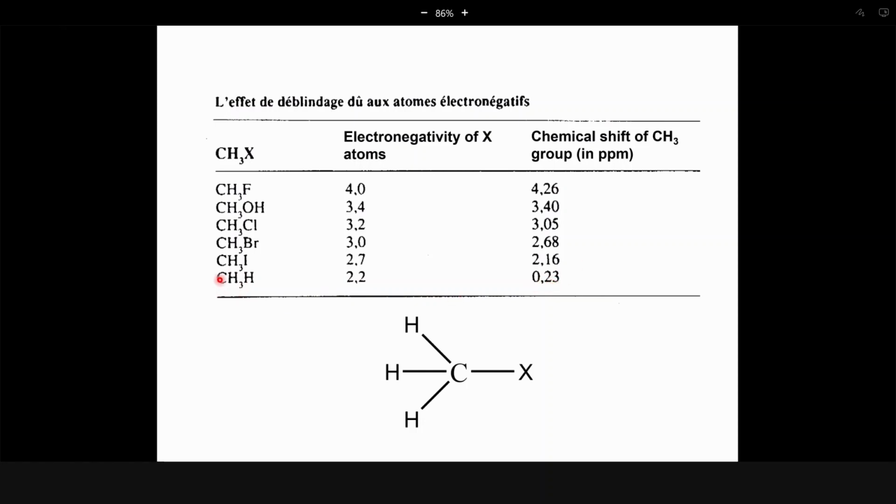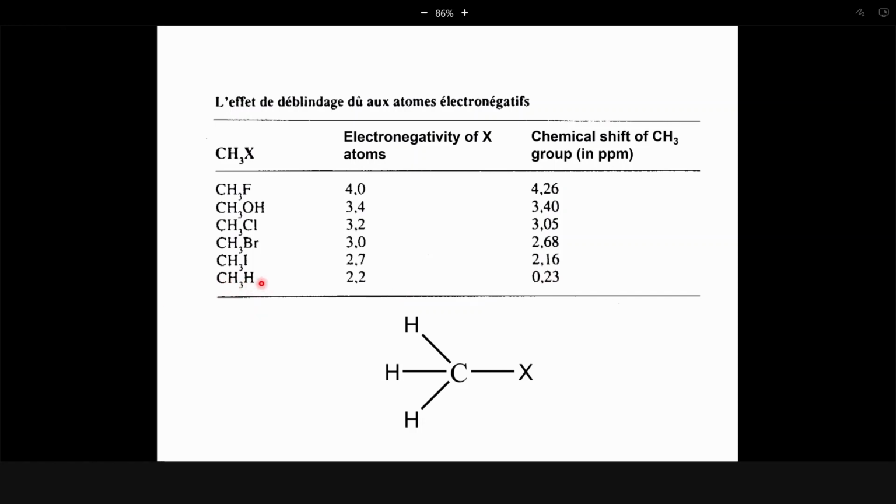Remember, I told you just before that the methyl in aliphatic structure is around 1 ppm, and then you see in the methane it's lower, it's around 0.23 ppm. So this is, let's say, the reference of the aliphatic protons.